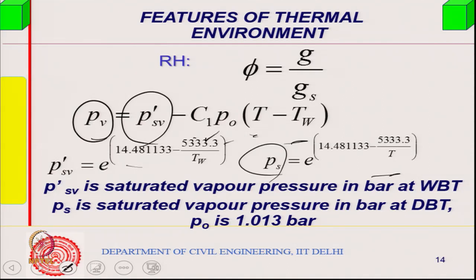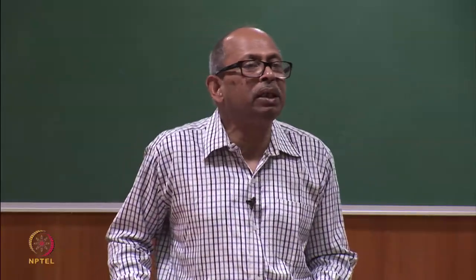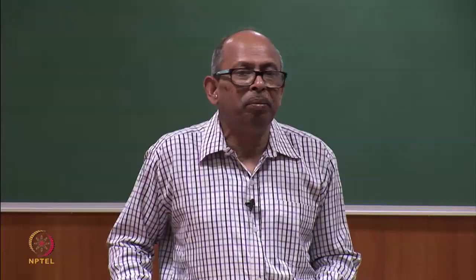If you know the wet bulb temperature, you should be able to calculate PSB first and then PV, and G is basically 0.622 PV divided by P0 minus PV.